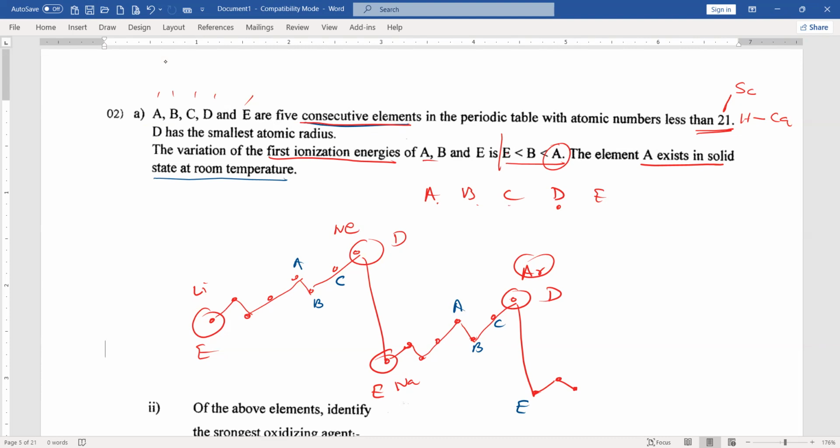If you get A here, lithium, beryllium, boron, carbon, nitrogen, this is nitrogen. Nitrogen is a gas. N2 is a gas at room temperature.